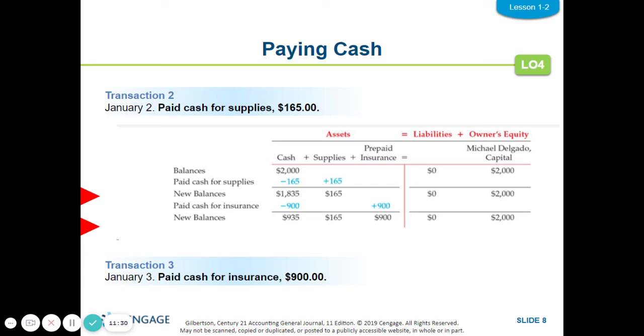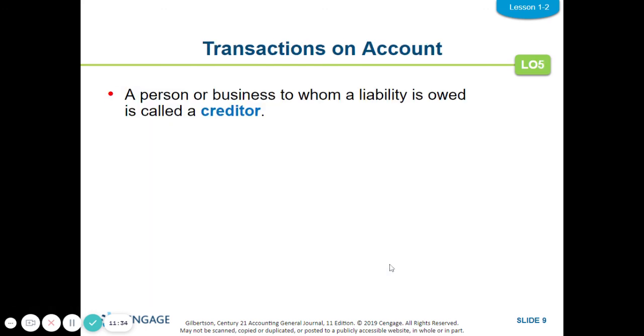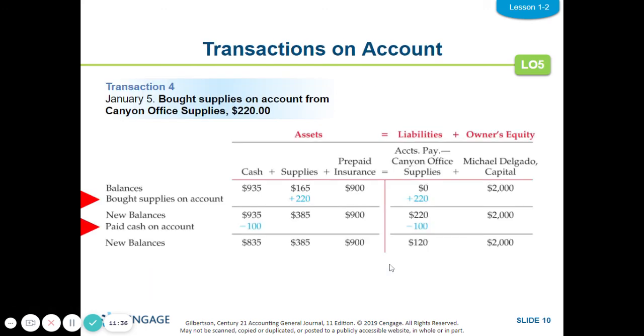The third rule is that if the accounts affected are on opposite sides of the accounting equation, they move in the same direction, meaning they either both increase or they both decrease. And that's what keeps that accounting equation in balance. As rule 4 says, that equation always has to stay in balance.